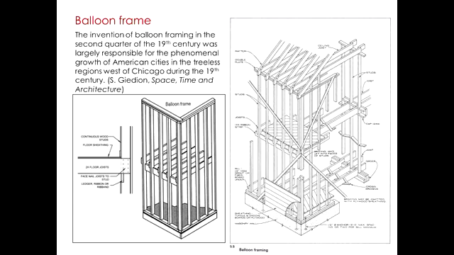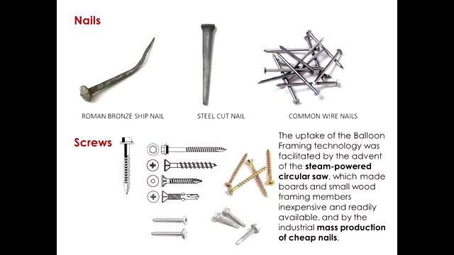And the second very important advantage is the invention, not of the nails, because the Romans used to have nails in the past. I'm talking about the common industrial nails that can be produced in hundreds and thousands easily, cheaply, all right?